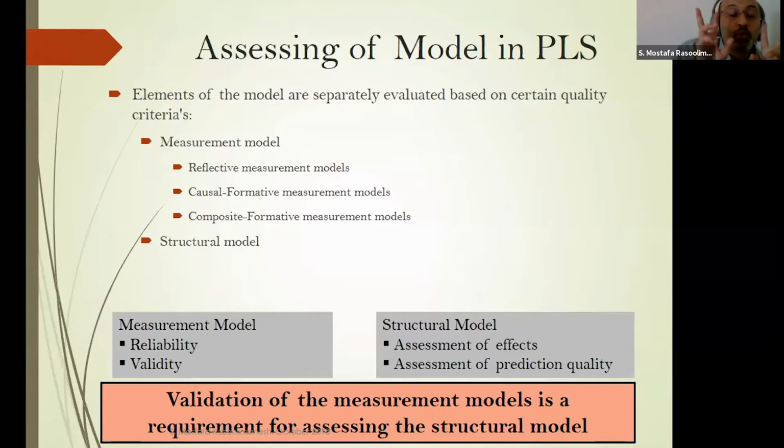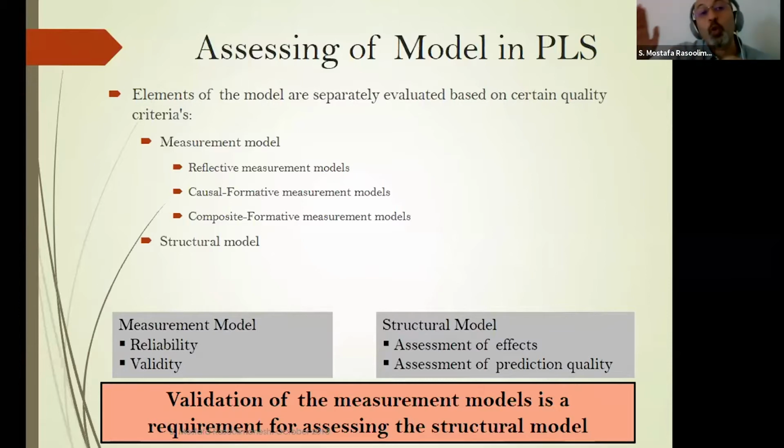And for these two main types of construct or latent variable, we have to apply different criteria to assess reliability and validity, right? So the first step is assessment of the measurement model based on some criteria and based on the types of latent variables, formative or reflective.